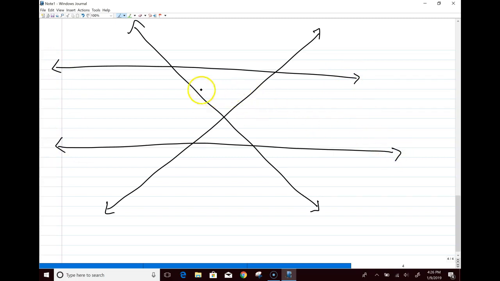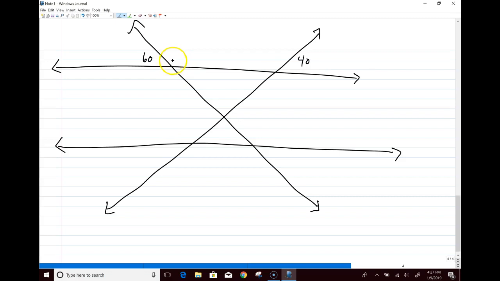And let's say, for example, I give you a number that's here. Let's say that this is 60 and this is 40. And I want you to figure out every other angle. So I want you to figure out an angle that's going to go, well, everywhere for that matter.